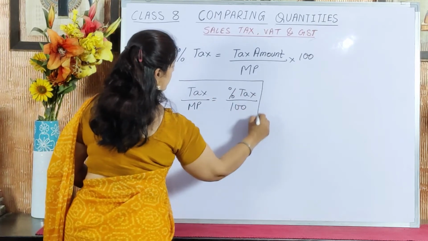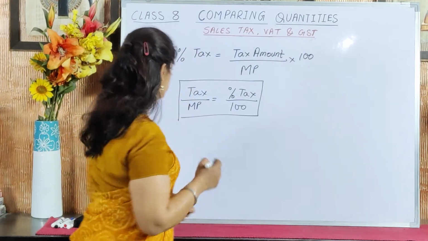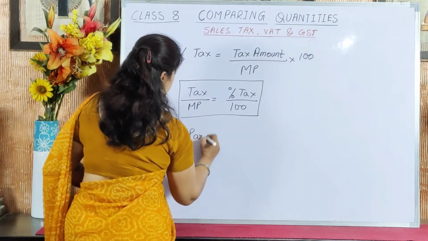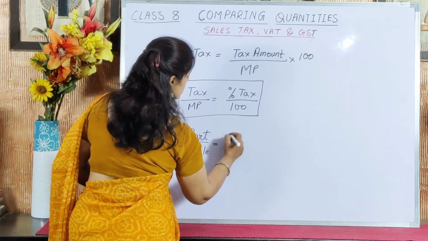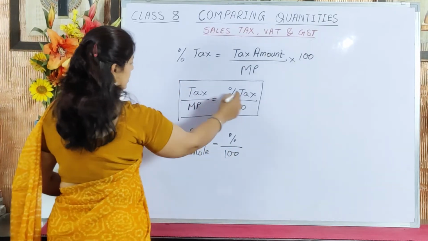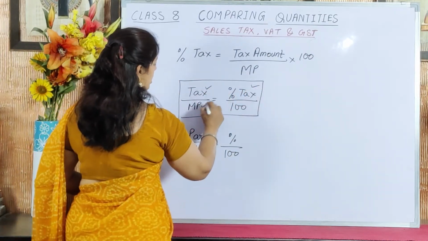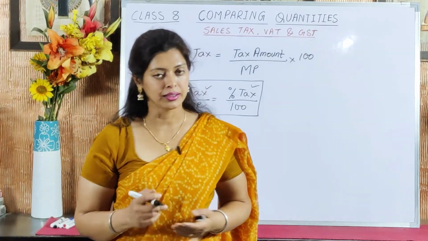Now this equivalent fraction is similar to the one we did in the beginning. That was part upon whole is equal to percentage upon 100. Now out of these three things, percentage of tax, tax and mark price, two will be known to you and you will be required to find the third one.